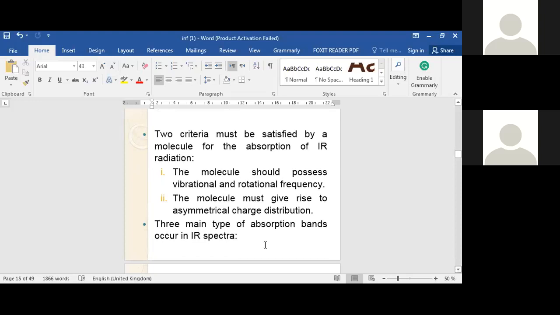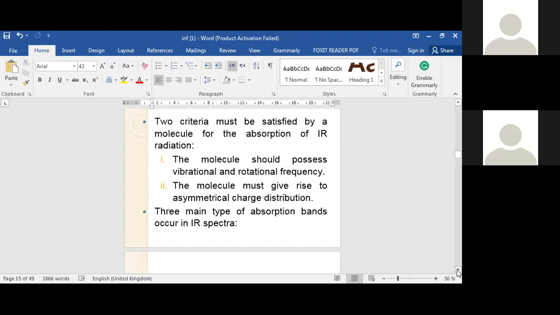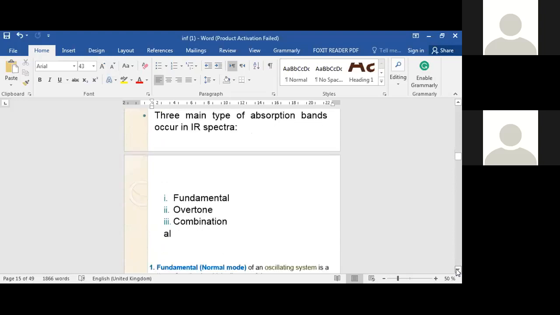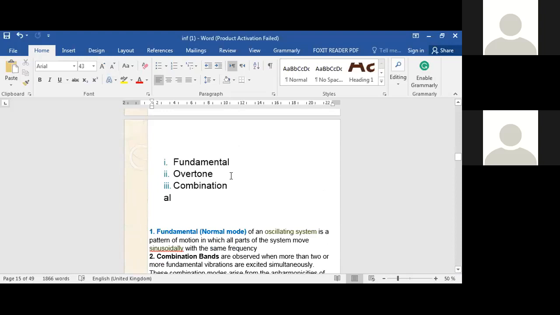Three main types of absorption bands occur in the IR. So what are they? Fundamental, overtone, combination.